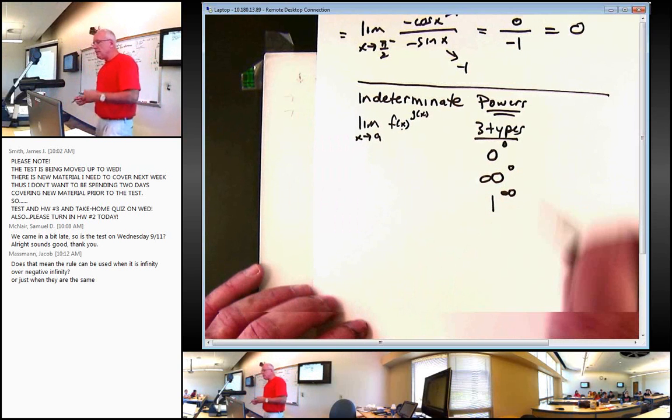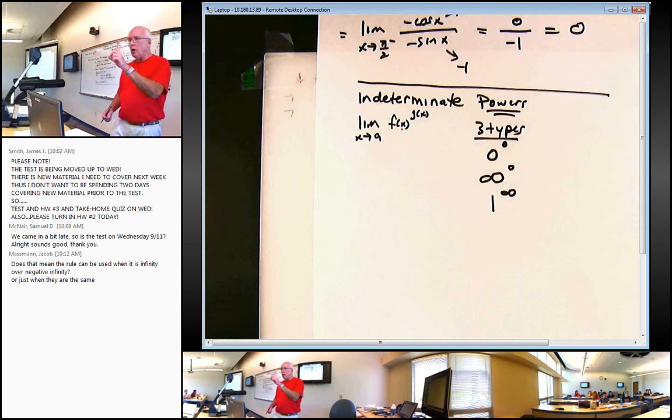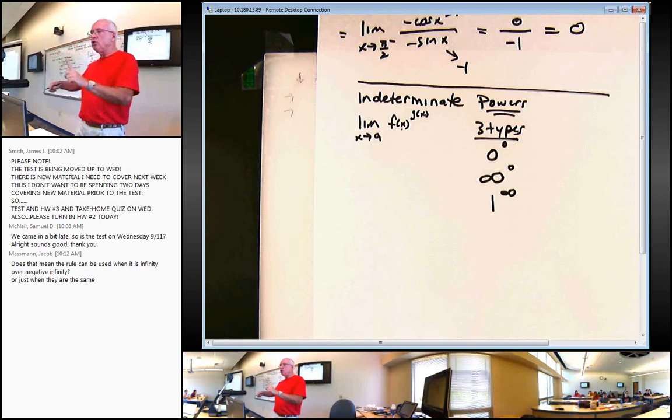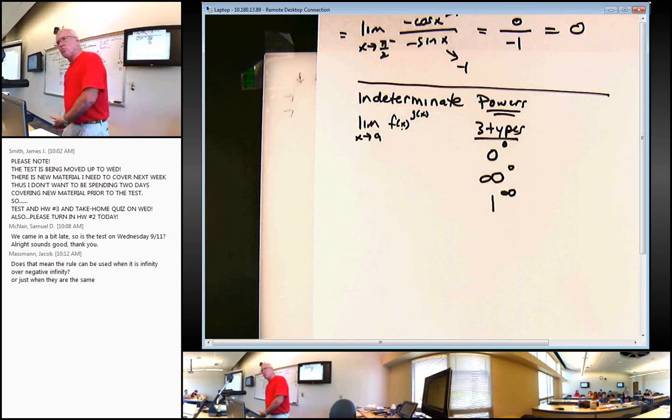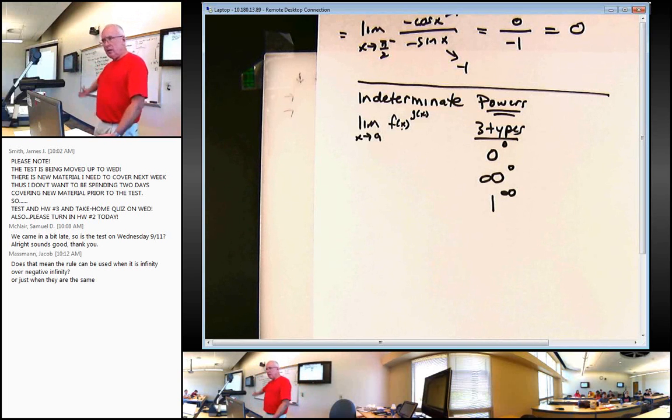Similarly, even when something is going to the number 1, and we're raising it to a really, really large power, we're still not quite sure if that's going to be just 1 or if it's going to be infinity. We don't really know. So that's why we have these three types.